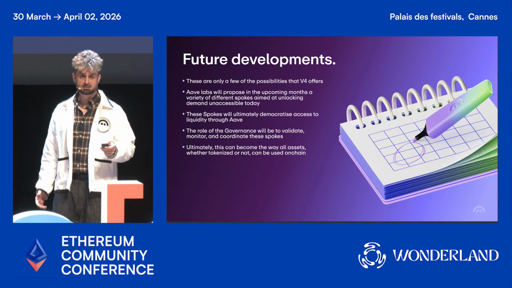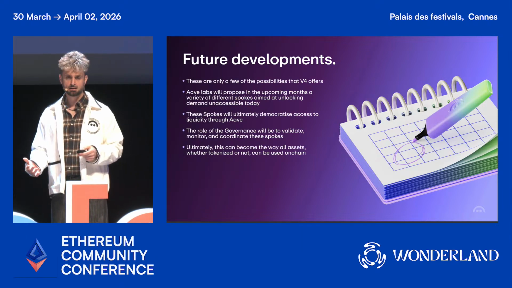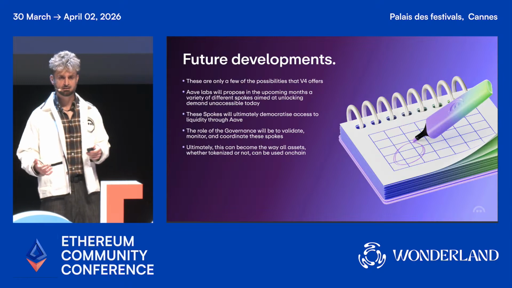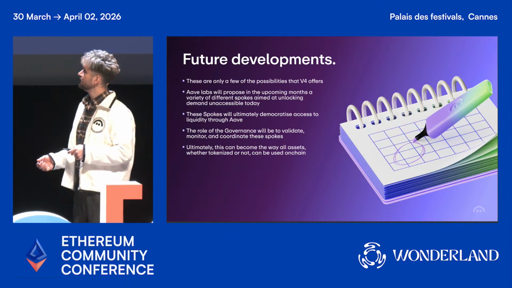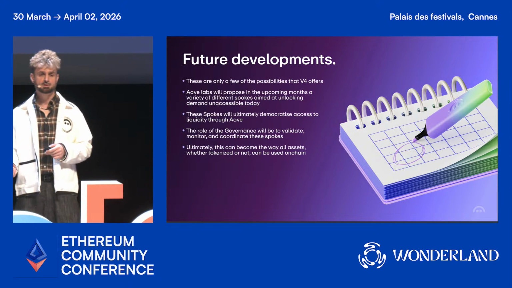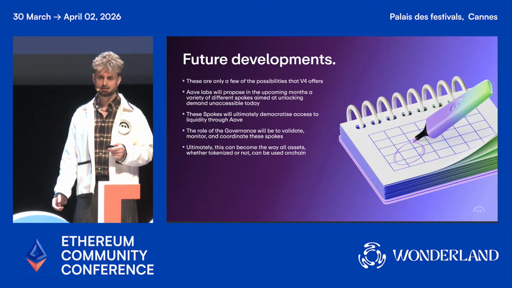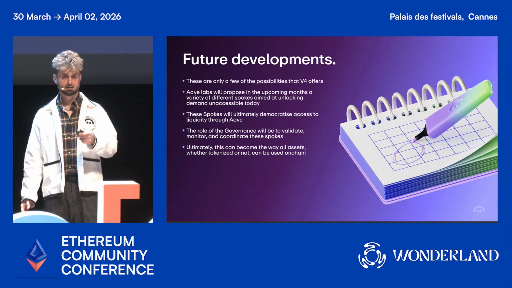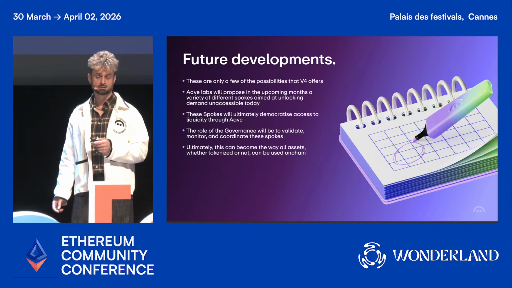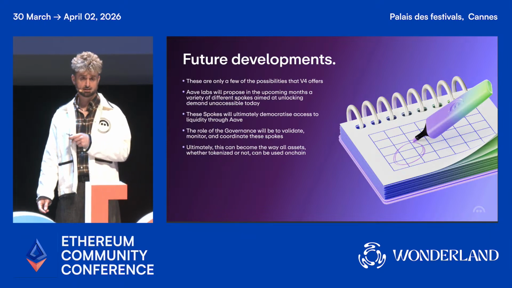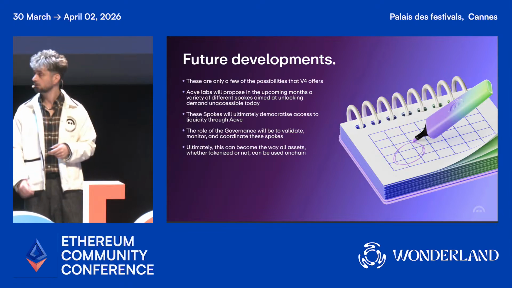I believe that these spokes ultimately will allow Aave to access billions in idle demand that cannot be accessed today. And the role of the governance will be key, because the role of the governance will be to actually validate the correct implementation of these spokes, and through risk managers guarantee that the risk exposure of the protocol remains within the boundary of safety.